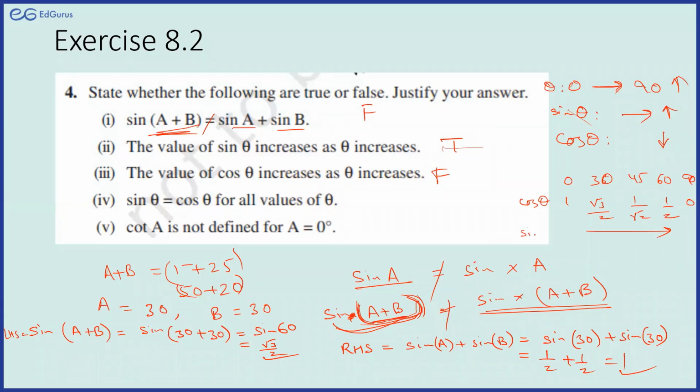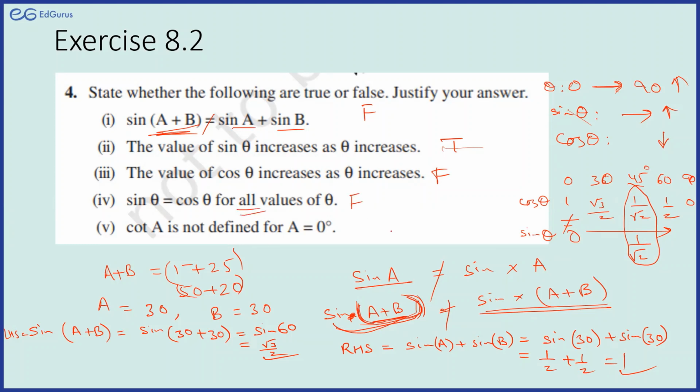What is sine theta? What is sine of 0? Sine of 0 is 0. So these are not equal. The only angle for which they are equal is 45 degrees. There they have the same value. Otherwise, they don't have the same value. So they are not equal for all the values.